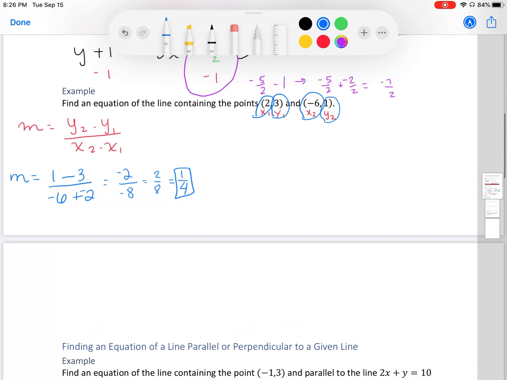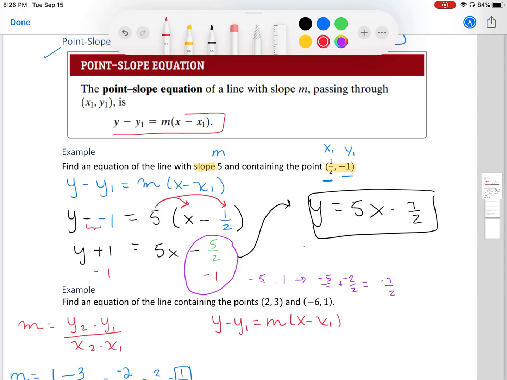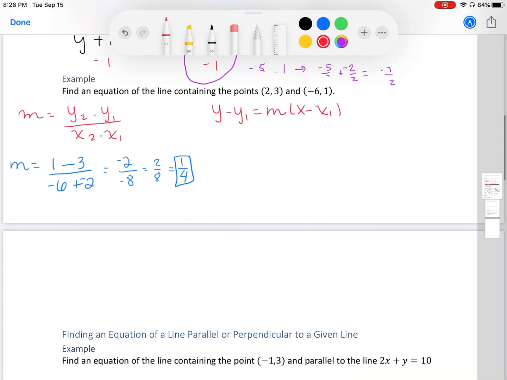Now I'm left to use my point-slope formula to find our equation of a line. Recall your point-slope formula. Our new formula we learned is y minus y1 is equal to m times x minus x1. Okay, so we need to pick a point to be x1 and y1.